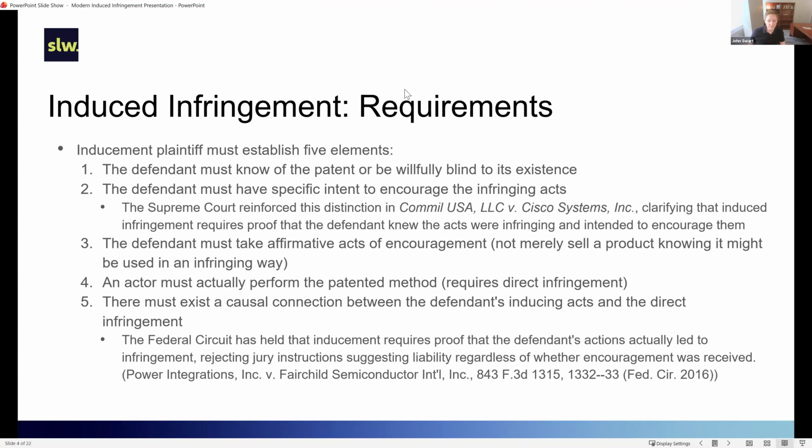In induced infringement, we actually do need a direct infringer, and this is just to implicate another party for being on the hook for that direct infringement as well. And the fifth point, there must exist a causal connection between the defendant's inducing acts and the direct infringement. This comes from the Federal Circuit, which has held that inducement requires proof that the defendant's actions actually led to infringement.